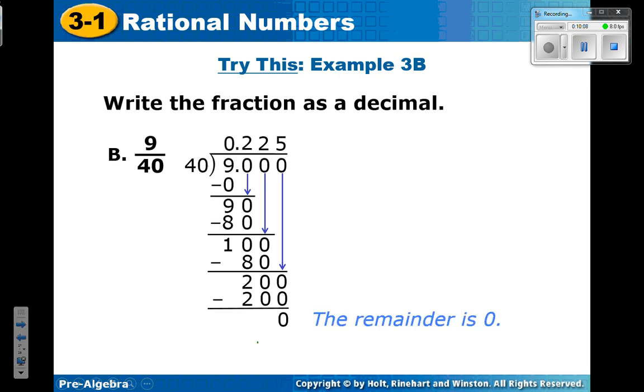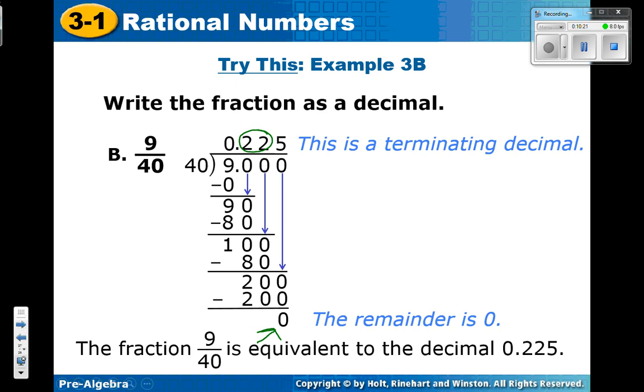And finally we get to the point where we have no remainder, so we have a terminating decimal for our answer. So just because you have two 2's here doesn't mean it's going to be repeating. You kind of have to go a little farther and see. So 9/40 is equal to 0.225.